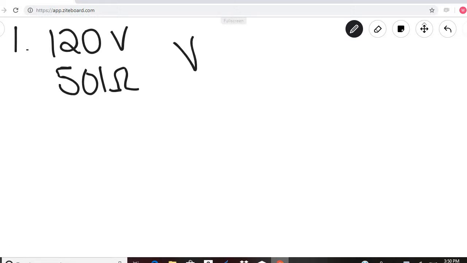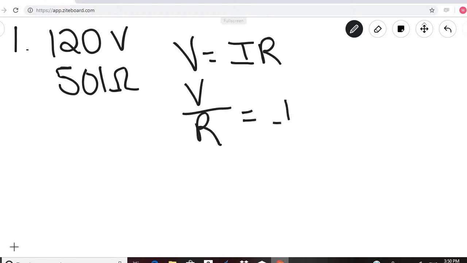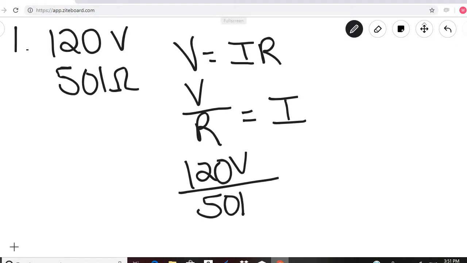Well, we know that V is equal to I times R. So I is current, so we're just going to solve for current. So V divided by R equals I. So 120 volts divided by 501 ohms is equal to I, and the answer comes out with two significant figures.